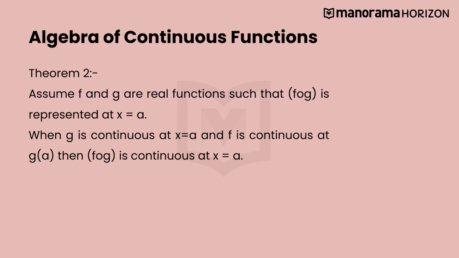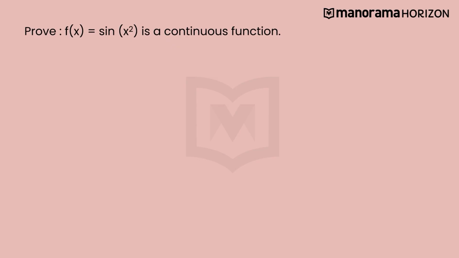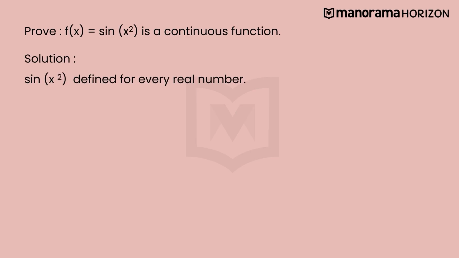Now, let's use the above theorems in a problem. Prove that the function represented by f of x is equal to sin x square is a continuous function. How do you find that? We have to observe that the function is defined for every real number. The function f is a composition of the two functions g and h.